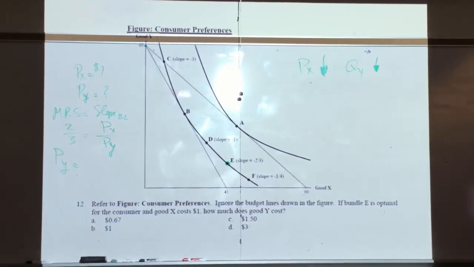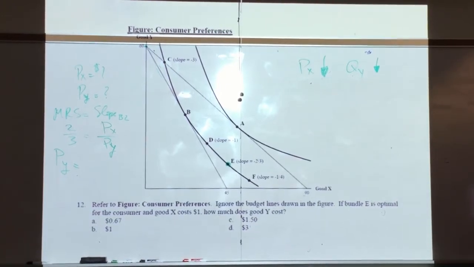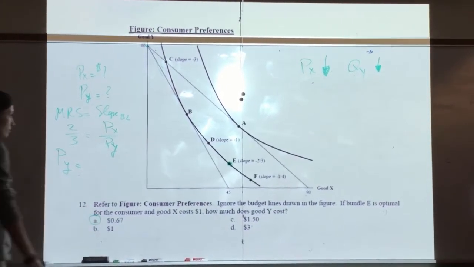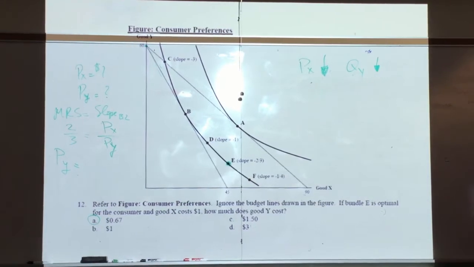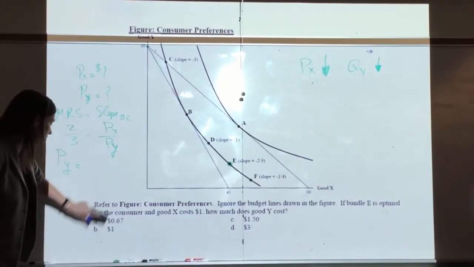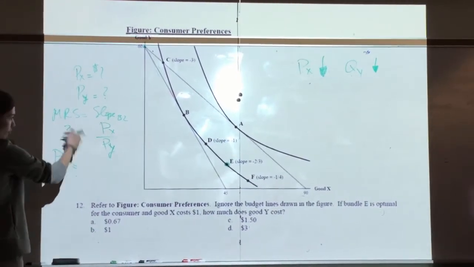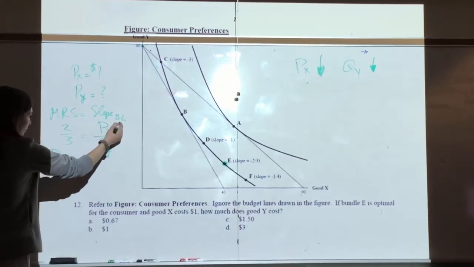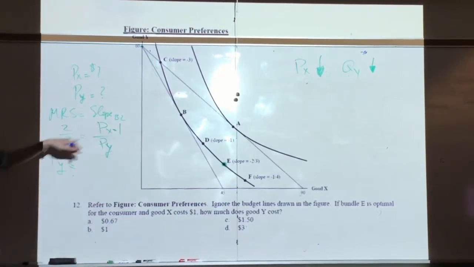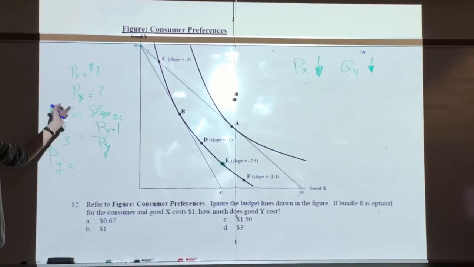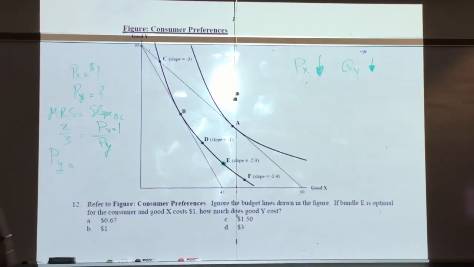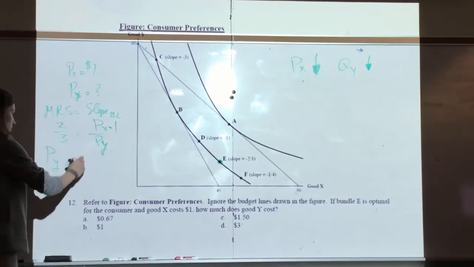No, wait. C. The other way around, C. So cross multiply. This is 1, basically. So 3 equals 2 Py, Py equals 3 over 2, or 1.5. C.